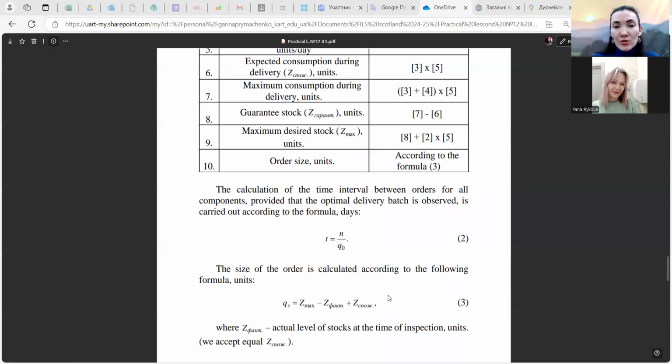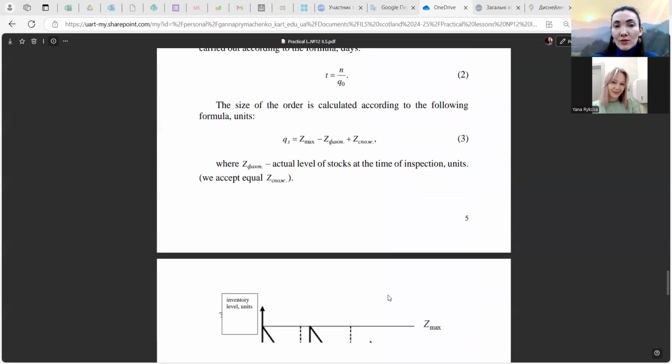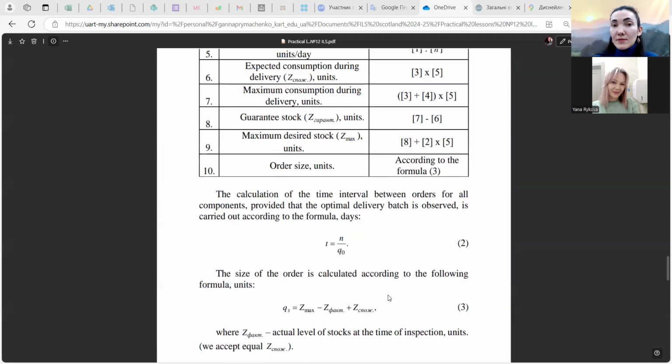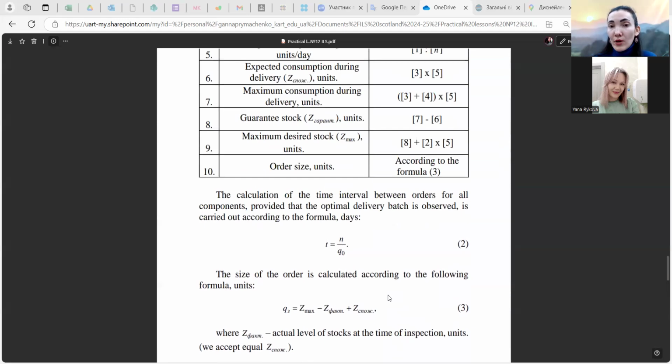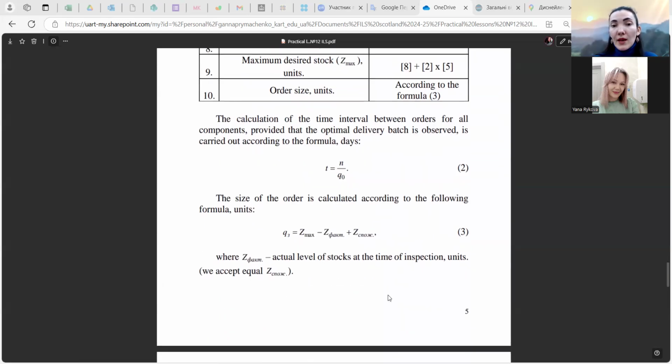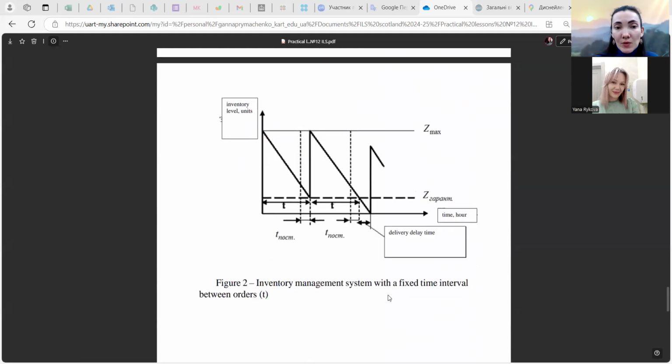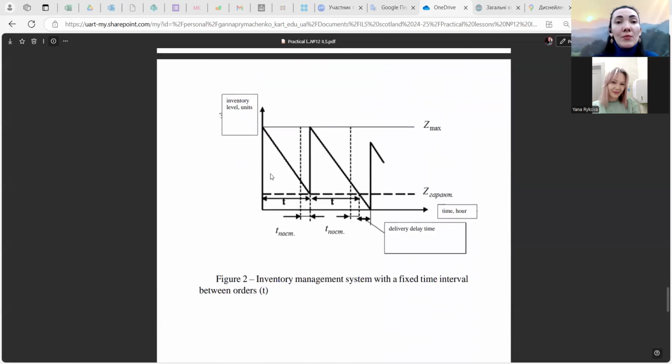So now we can see the picture. It is all what we need to find, the order size. I show on this picture the inventory level in units, our maximum that we can have in our warehouses, and our guaranteed part of units in our warehouses.